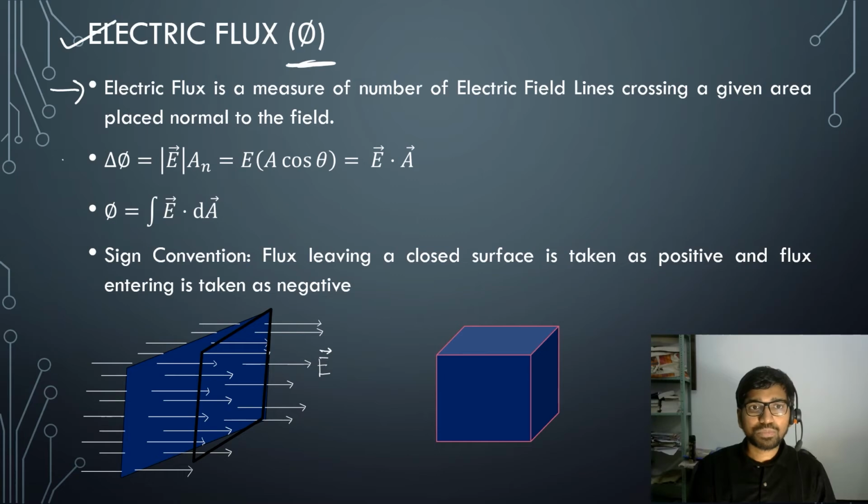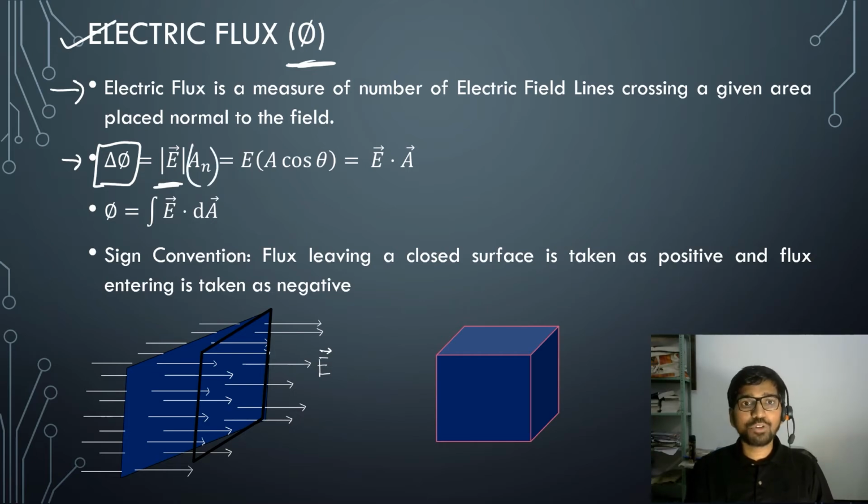That is, to calculate electric flux, you will take the magnitude of the electric field times the component of area which is normal to the field. That's how we get E times A cos theta, where A cos theta is the component of area which is normal to the field. That's how you get electric flux equals the dot product of the area vector and the electric field.